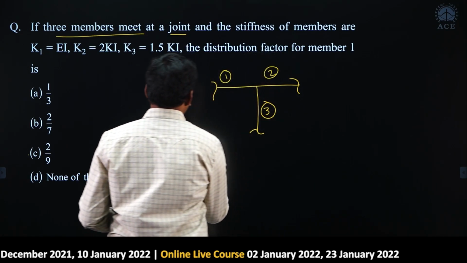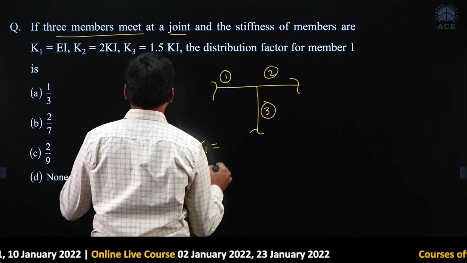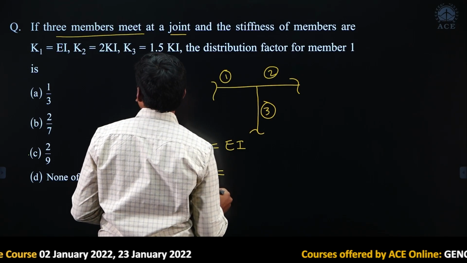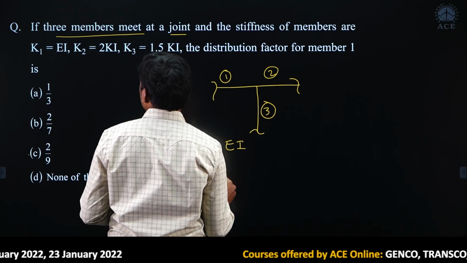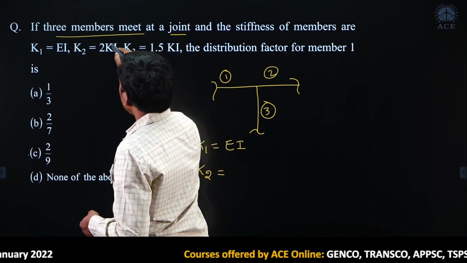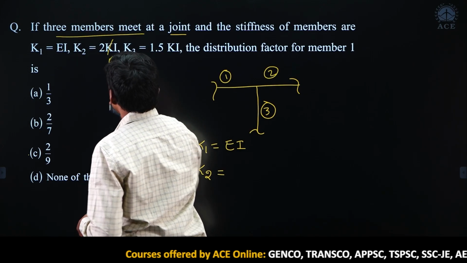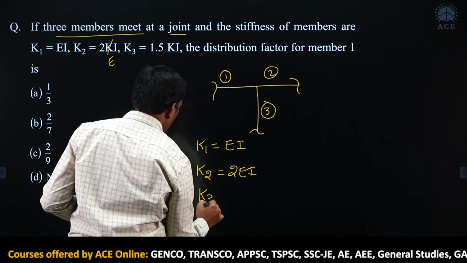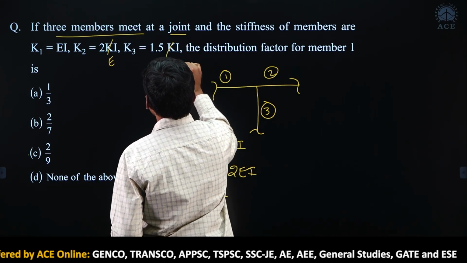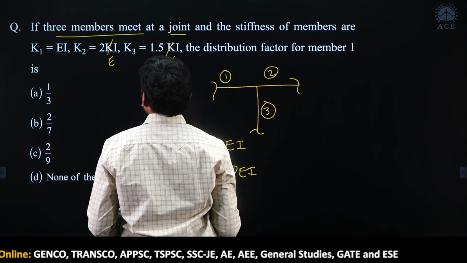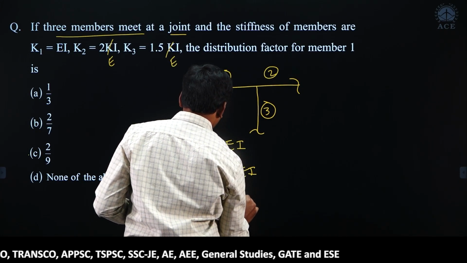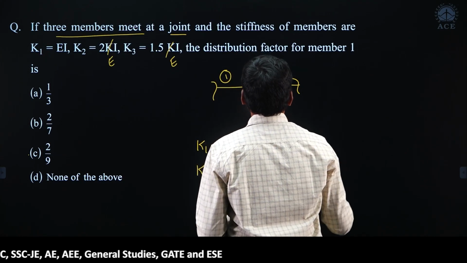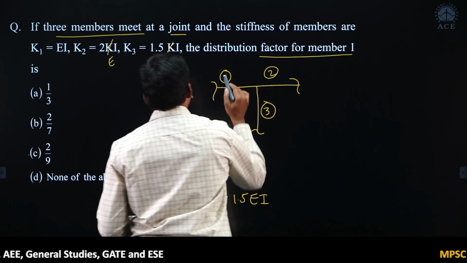The stiffness for member 1 is EI, for member 2 it is 2EI, and for member 3 it is 1.5EI. He asks to find the distribution factor for member 1.